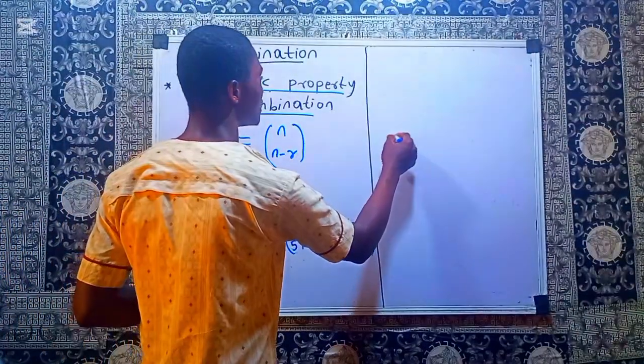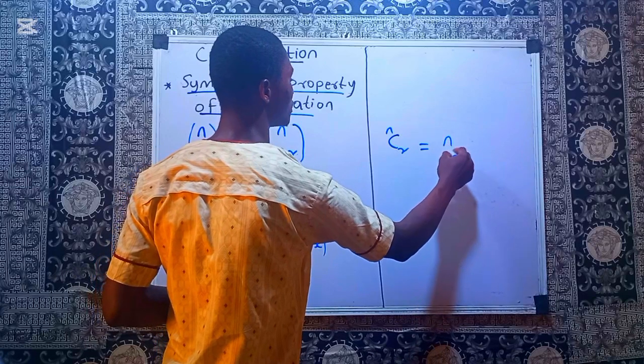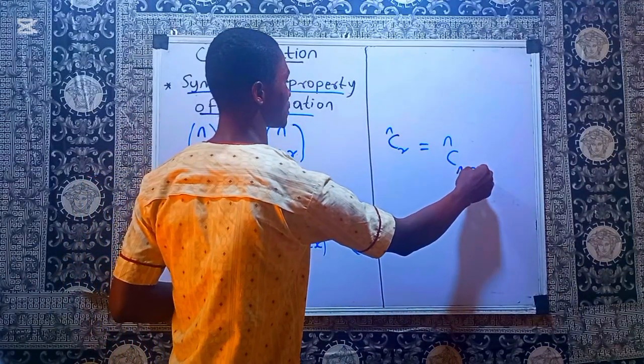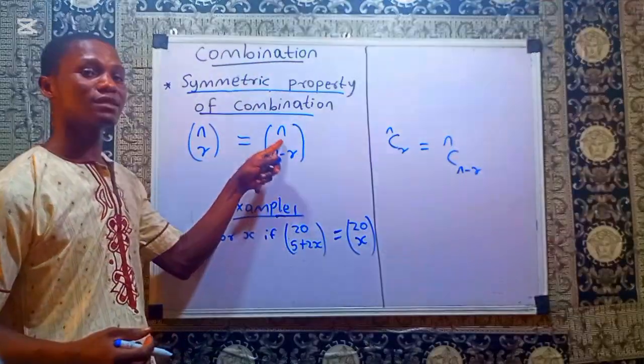So you can see it in this form: n combination R is equal to n combination n minus R. So the symmetric property of combination is saying that this thing and this thing are what?